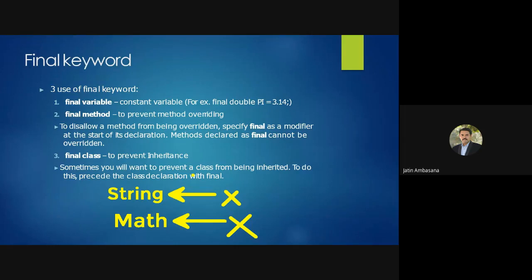So that's why these classes are made final. You will not be able to inherit from these classes. You can try it out. So whenever you want to prevent a class from being inherited, you declare it as a final class.